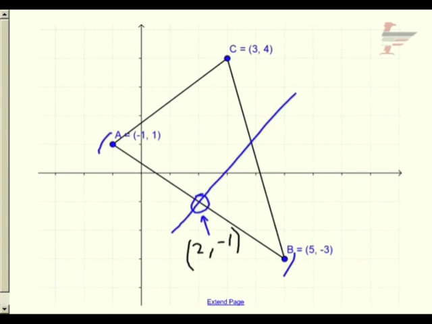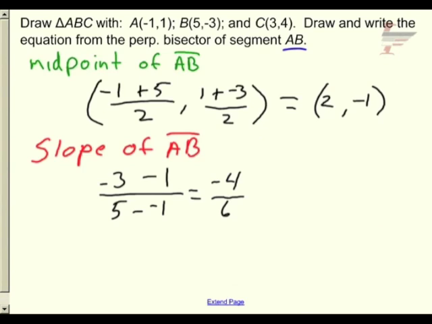Next, we want to find the slope of AB. So the slope is -2/3. But we don't want that slope. We actually want the perpendicular slope. So if the slope was -2/3, the perpendicular slope is the opposite reciprocal.